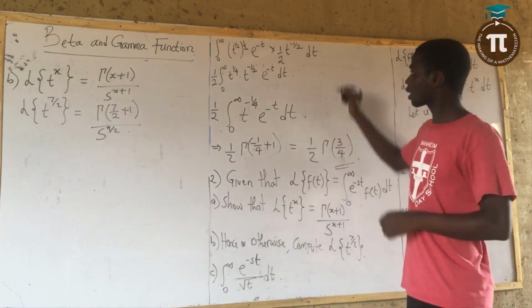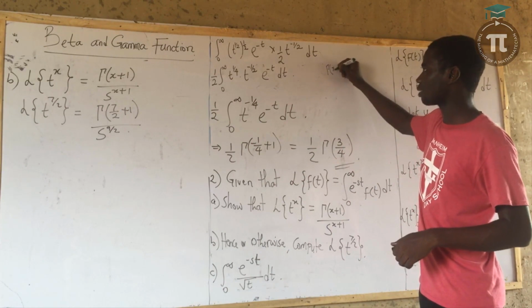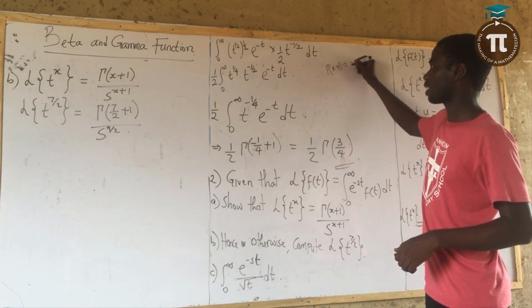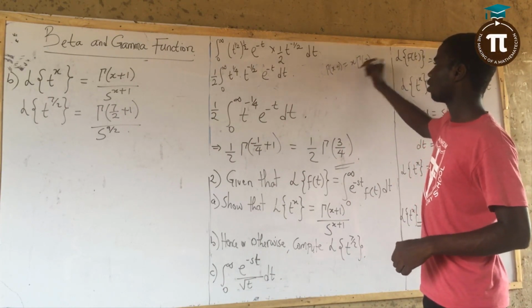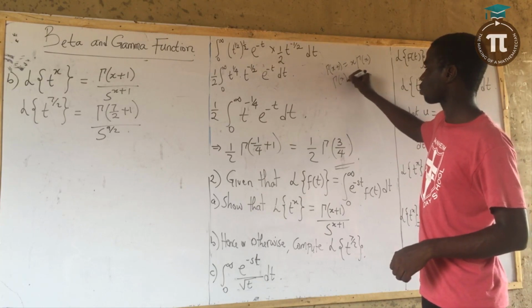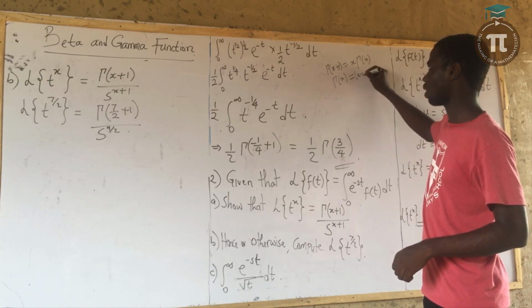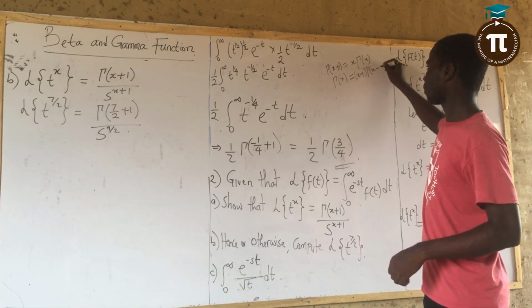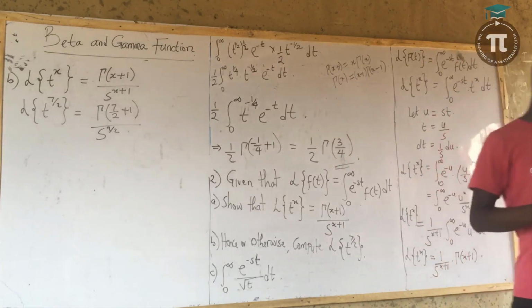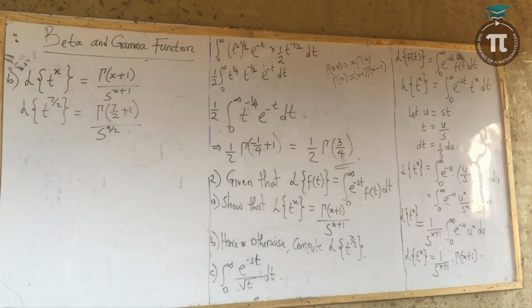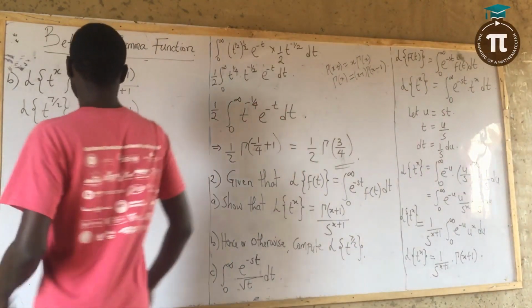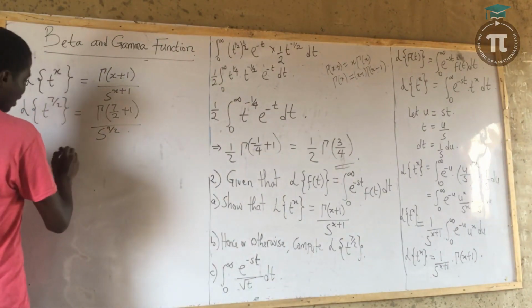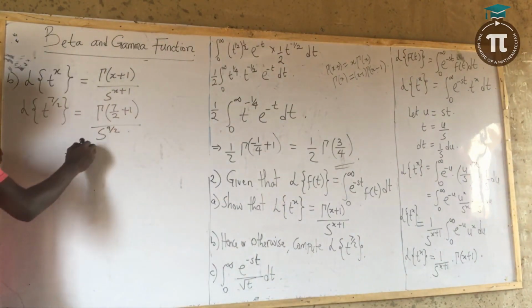So what is gamma of 9 over 2? Using gamma, don't forget, always remember this: gamma of s plus 1 is s gamma of s, or you use gamma of s equal to s minus 1 times gamma of s minus 1. Whichever one you are using out of the two is correct.